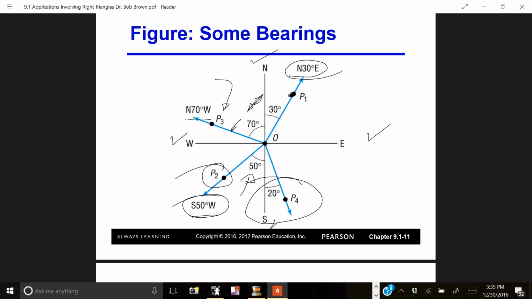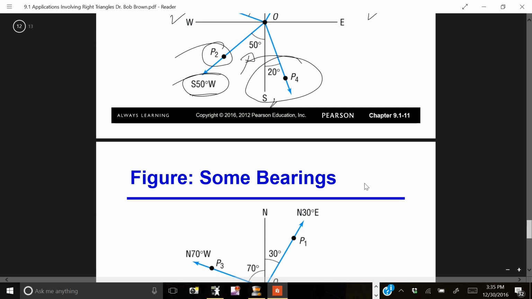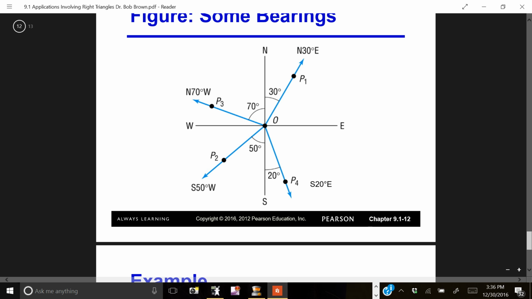So think about it, and we'll see it on the next slide. Write down what the bearing would be here. Well, obviously, it's going to be towards the south, 20 degrees east. So the bearing would be south 20 degrees east.